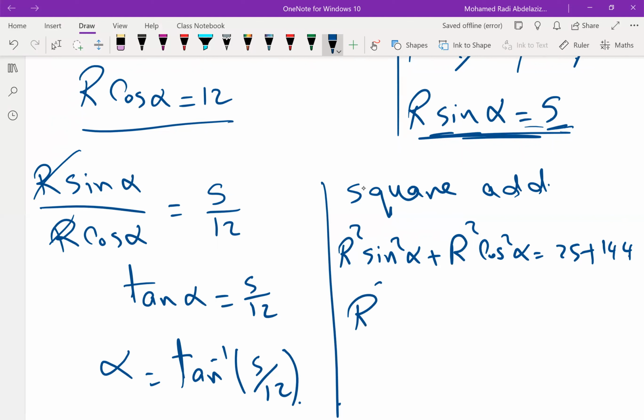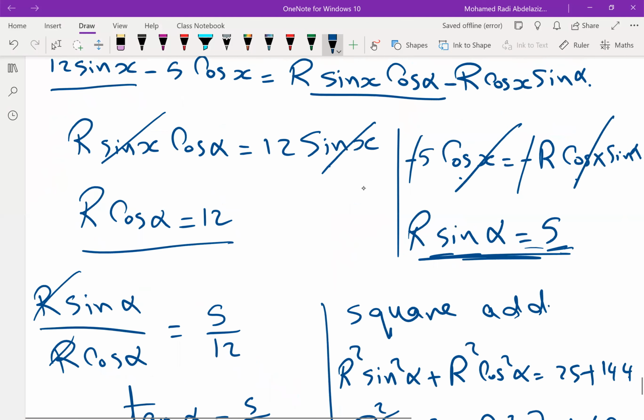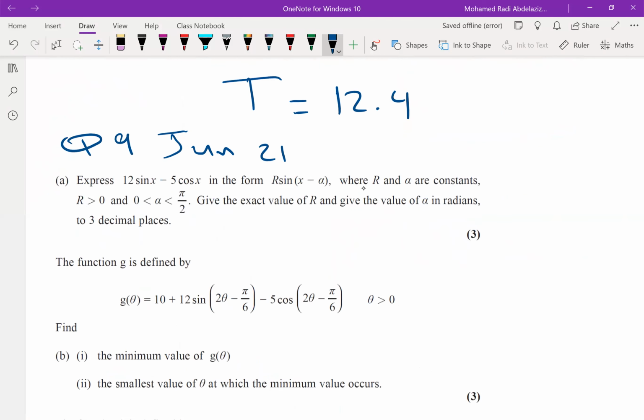You get r squared times (sine squared alpha plus cosine squared alpha), which is equal to 1 for any angle, so it equals 169. By taking the square root, you get r positive or negative, but it's given r is positive, r more than 0. Alpha takes the basic angle. Find the exact value of r, done.